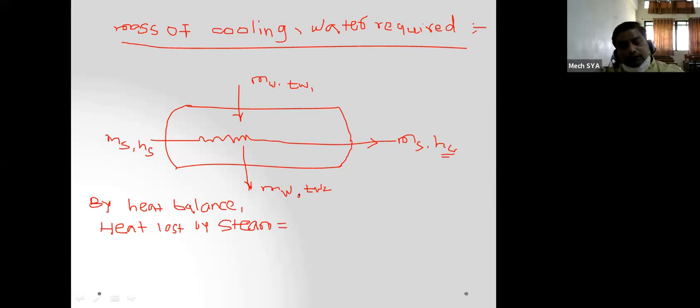Heat gained by cooling water. So cooling water will gain the heat. Heat lost by steam is equal to heat gained by cooling water. This is the equation, and from this we have to calculate the mass of water required.